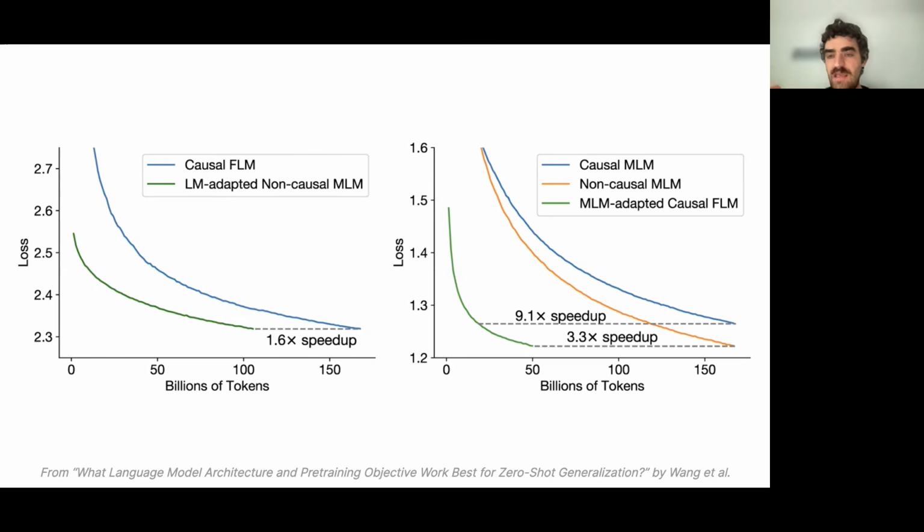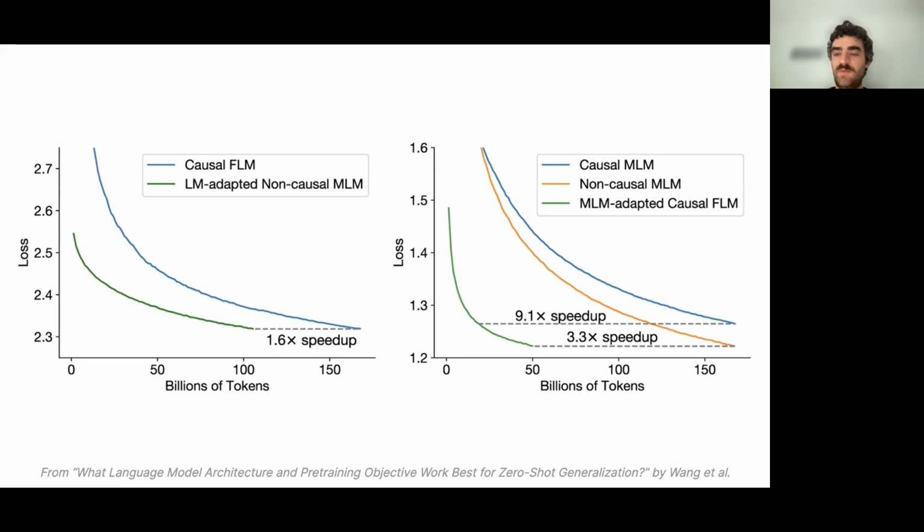On the right, we're comparing training a causal masked language model to a non-causal masked language model in blue and orange, and then taking a causal decoder model trained with full language modeling and adapting it via masked language modeling. Okay. So in this case, we actually see a much bigger speed up.